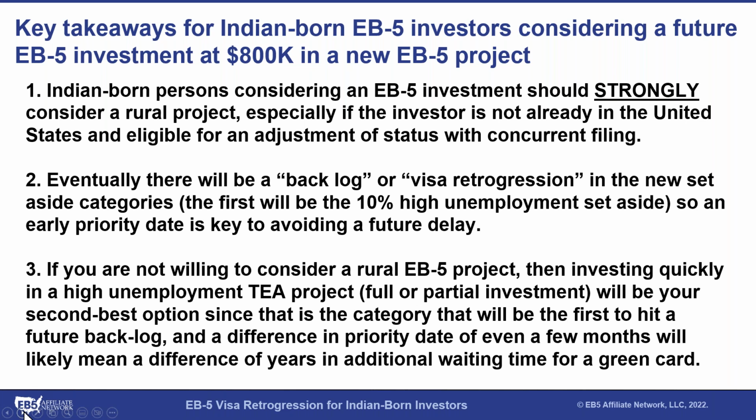If for whatever reason you're not willing to consider, or you just can't find, a rural project that you like, then the second best option is investing quickly in a high unemployment TEA project, because that is the one most likely to hit a future backlog out of the three.